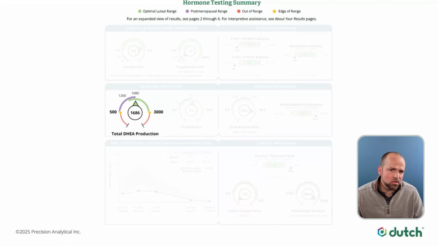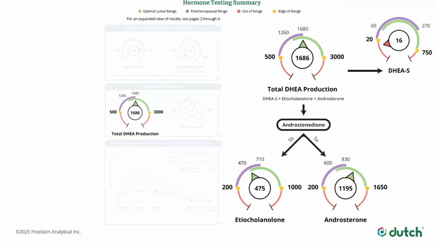Moving on to section 2, I'll just show you one example here of one of the concepts. In the Dutch dozen, we can see adrenal androgen production or total DHEA production, which in this case is right in the middle of normal at 1686. But what we know is that number comes from three different metabolites: DHEAS or DHEA sulfate, androsterone on the lower right, and etiocholanolone on the lower left.